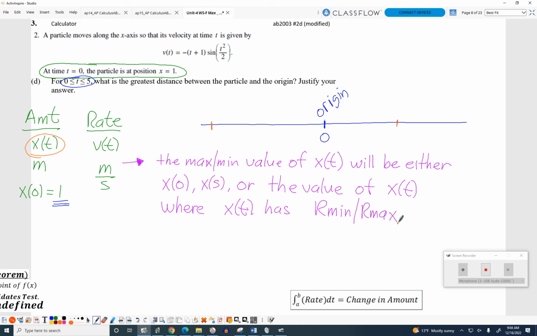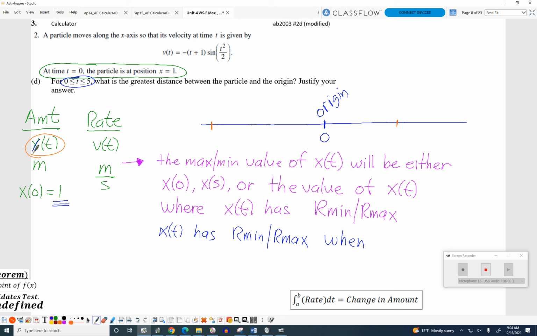Gideon, when you read that, my hope is that that would prompt you to write another statement that will also help us. What's the other statement that's going to help? X of t will have a relative max or relative min when it changes sign. There we go. X of t has a relative min slash relative max when, what comes after when, Gideon? X of t. So look over here to find your mistake.